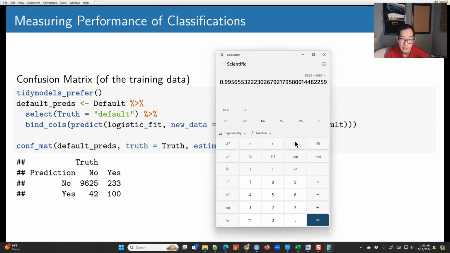But as far as those that did default, there were a total of 333, and we only got it right 100 out of 333 times. So that's a probability of success of only around 0.3, okay?